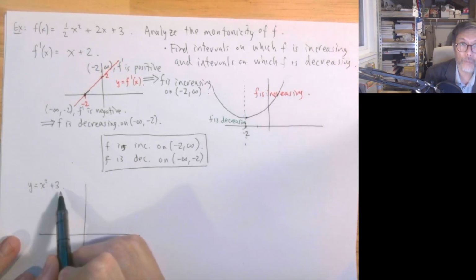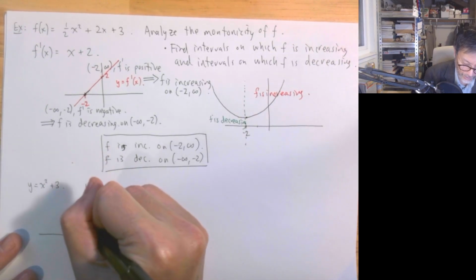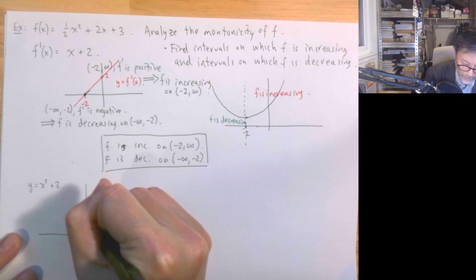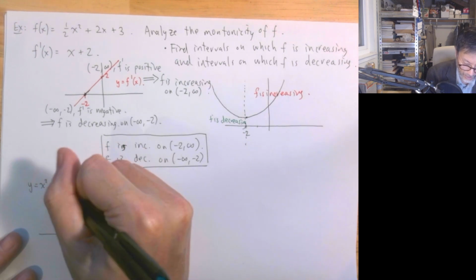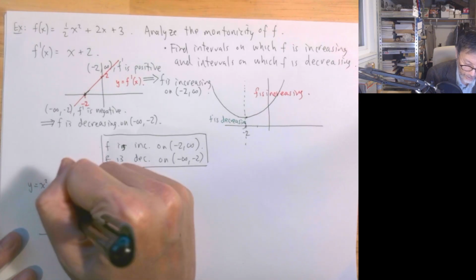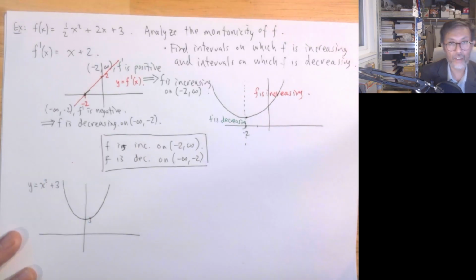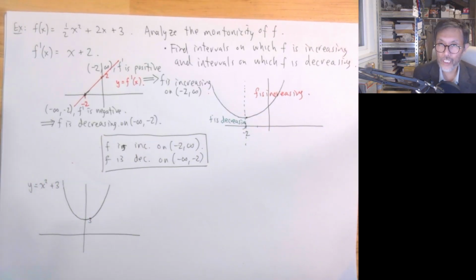That's by virtue of the plus 3. So it would look like this. There's 3, and it would go up, up, up in both directions. And in particular, it's very plausible that you see this parabola never intersects the x-axis.